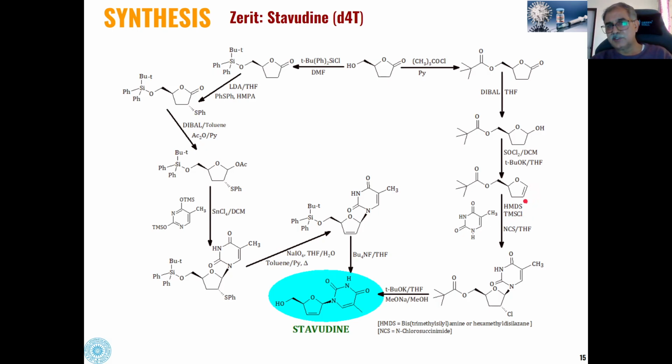With the addition to this, then chloro will come from trimethylsilyl chloride, and we will get this type of derivative.